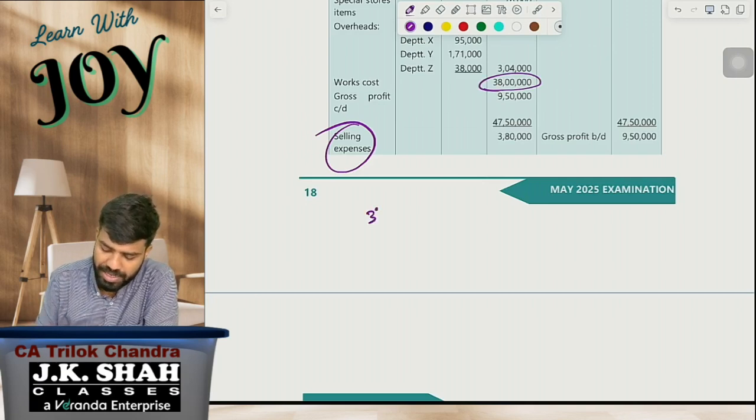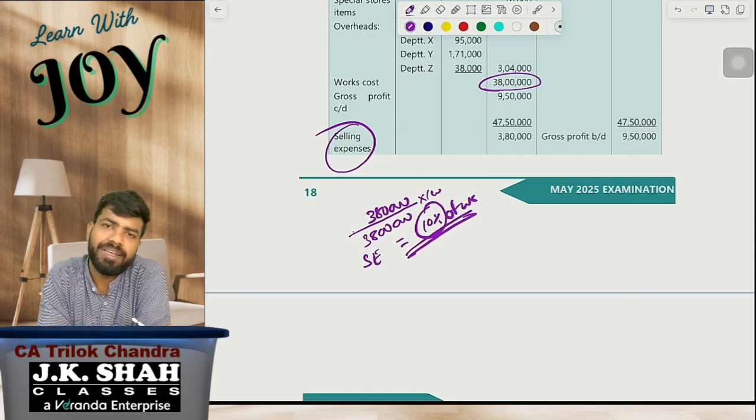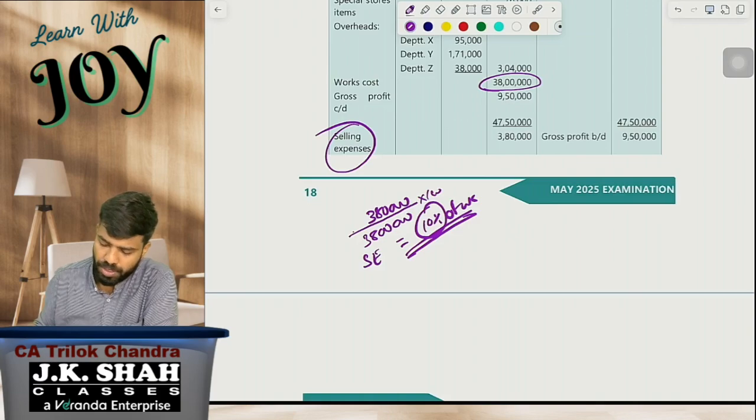So 3,80,000 divided by 38 lakhs into 100 is 10%. Selling expenses are 10% of works cost. Are you understanding? All of you? Okay, now look at the solution.